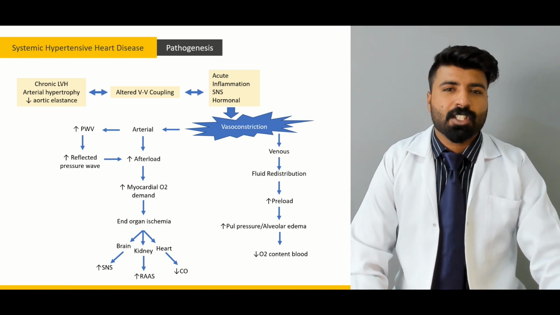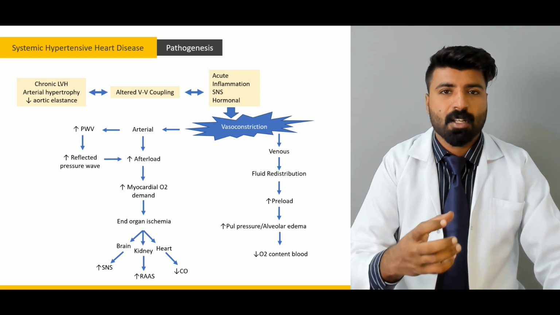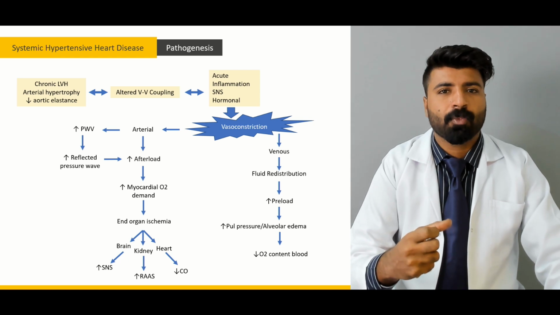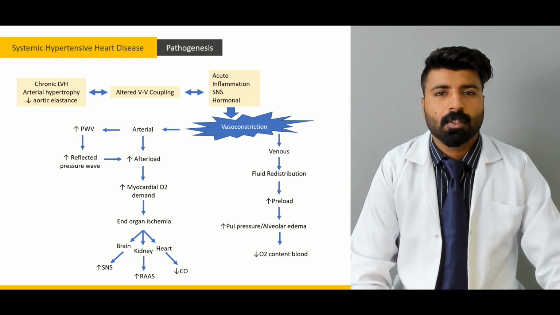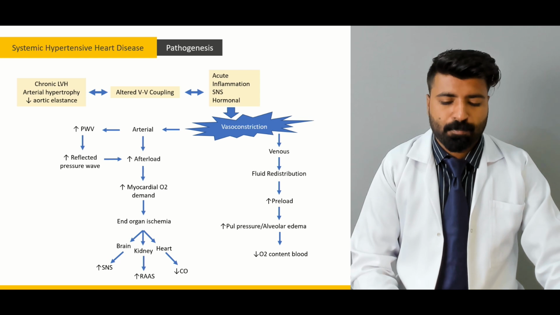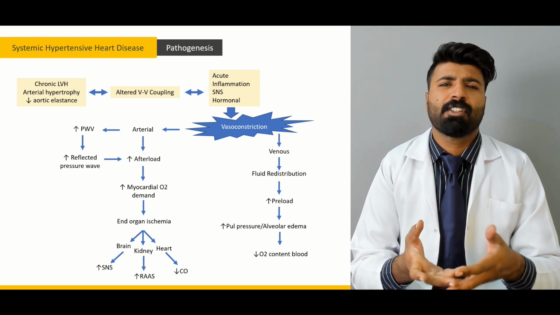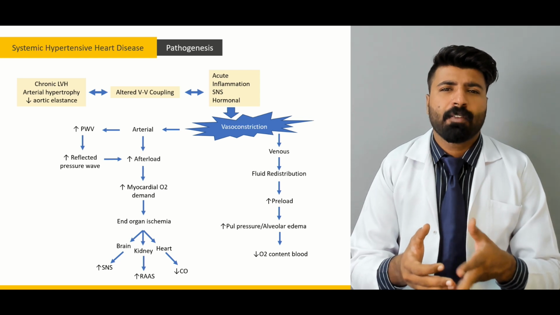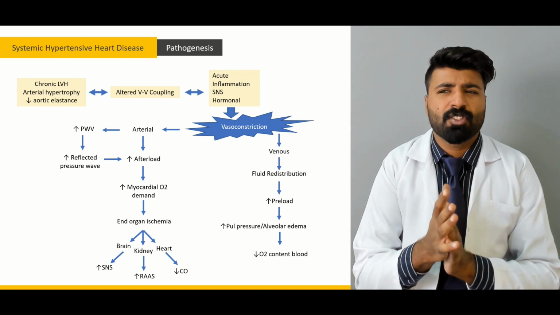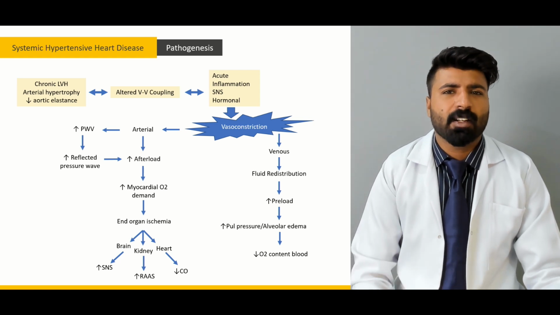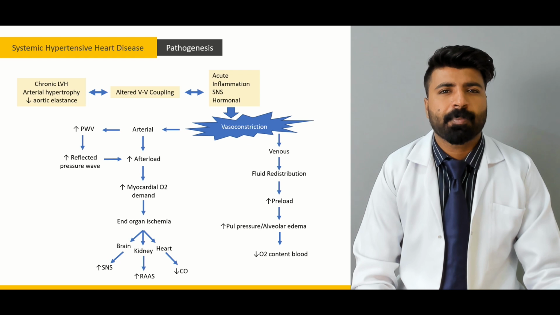Now, if venous constriction is happening, if the veins are constricted, what will happen? It will push the blood out. Veins are there to pool the blood. Veins are not normally constricted. They're stiff structures.